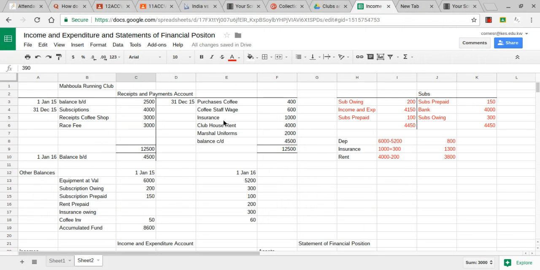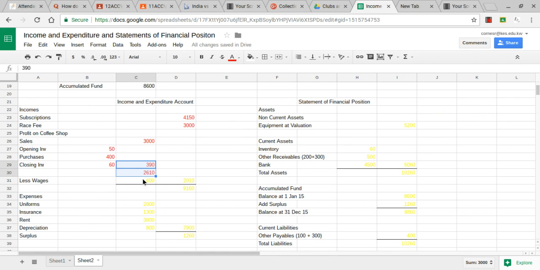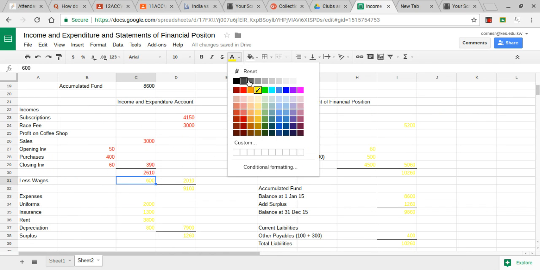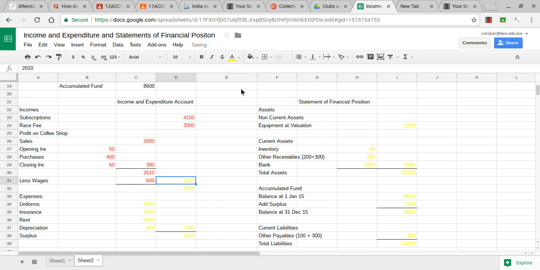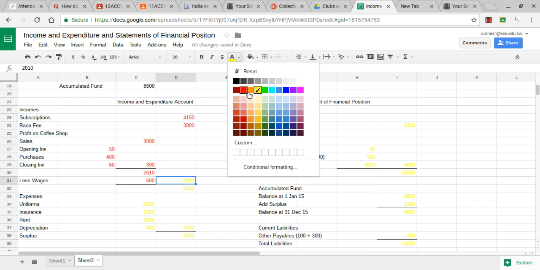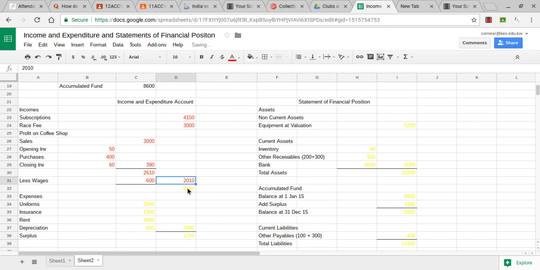And then if you look on here, there's a coffee staff wage of 600. So that's going to be an expense. So the profit is going to be $2,010, and then add all the incomes together to find the total income of the club as 9,160.